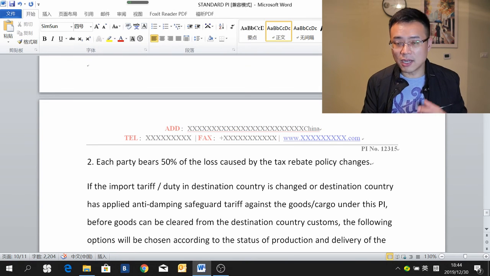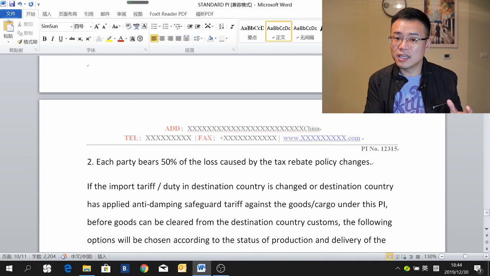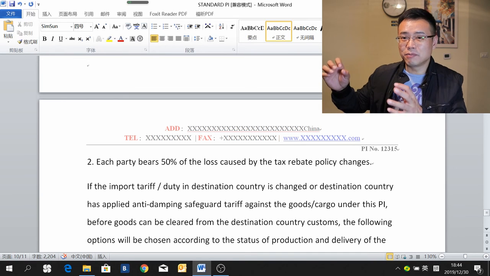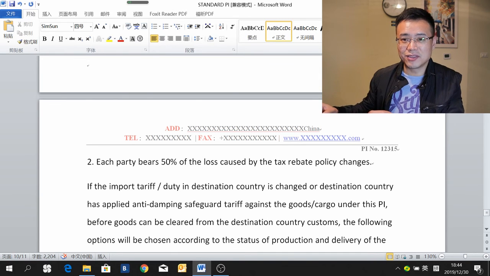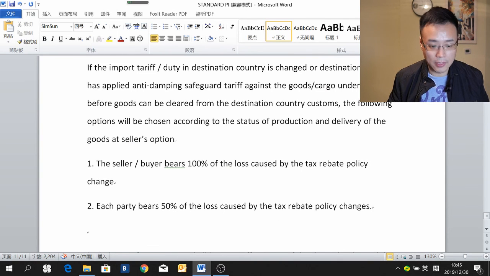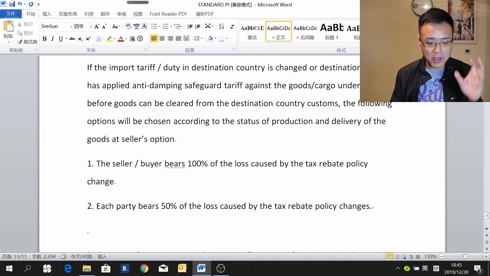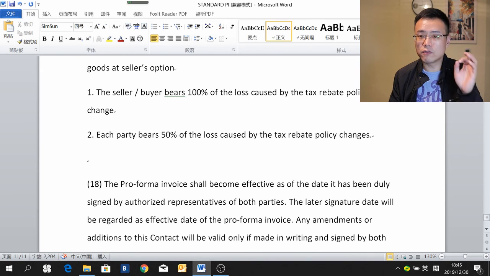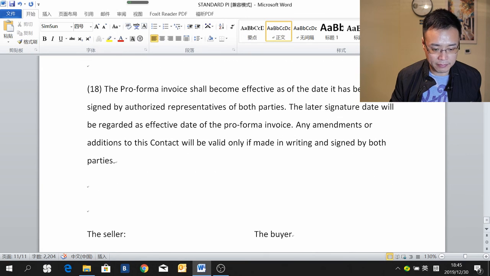If by the time you ship the material already, suddenly anti-dumping happens, and before the cargo arrives, there's anti-dumping duty, who's going to pay for that? So here I give you two choices, the buyer and the seller. Either the seller or buyer bears 100% of the loss, or each party bears 50% of the loss. Normally we choose the second one.